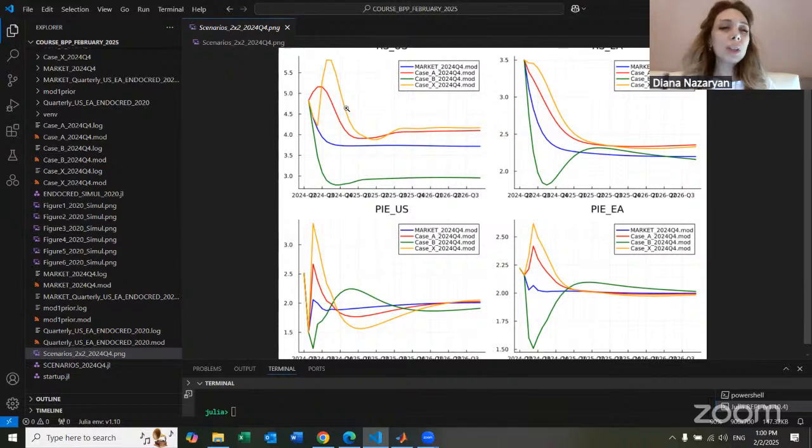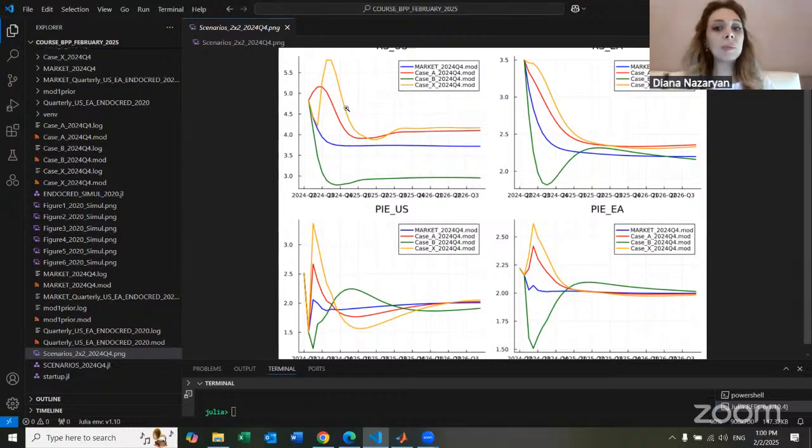So my question here, maybe it's very stupid and I missed some parts. So this is the reaction of euro area inflation when we have a shock in US inflation, yeah? This is not simultaneous shocks in both US and EU coming from different types of shocks.